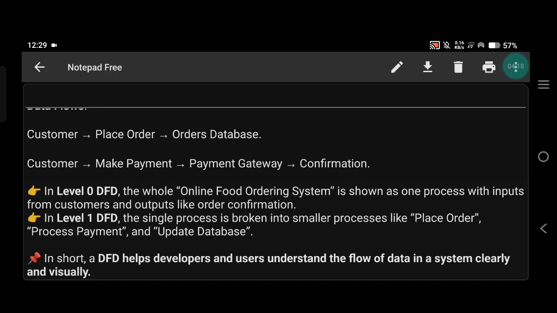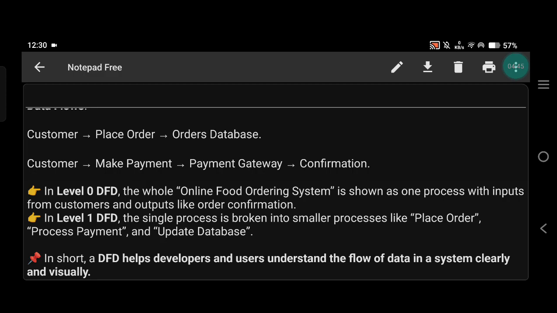In a level 0 DFD, the whole online food ordering system is shown as one process with inputs from customers and outputs like order confirmation.